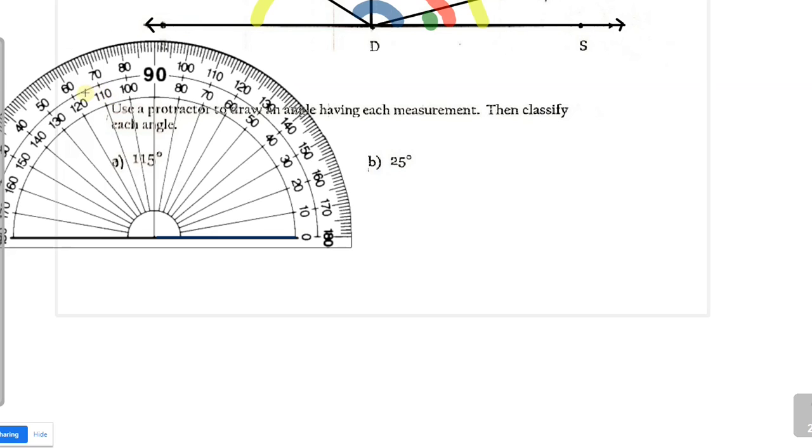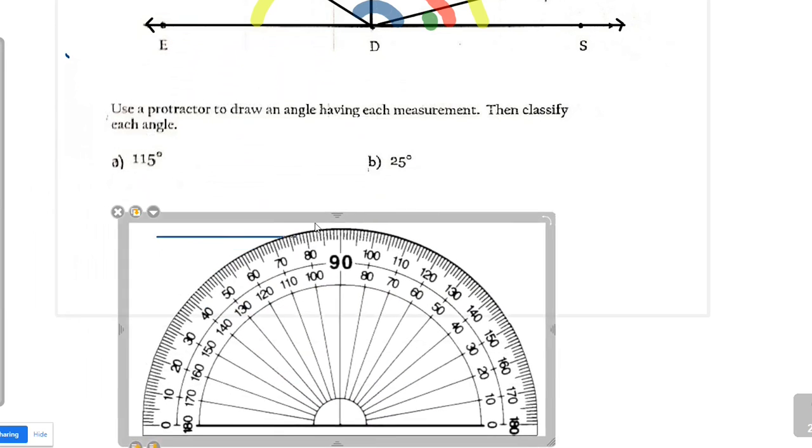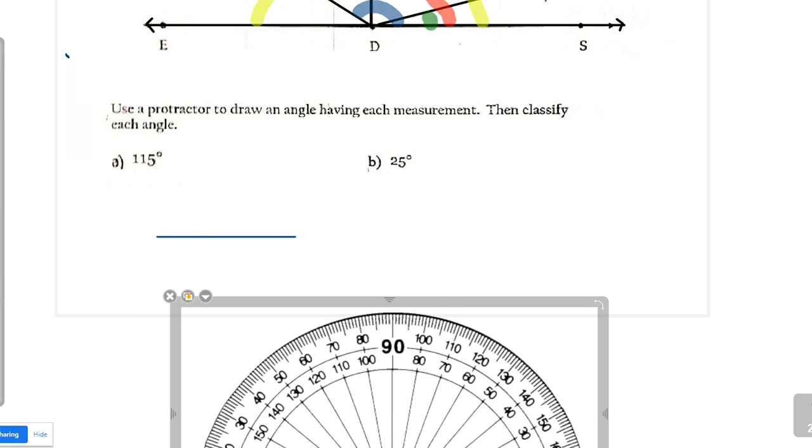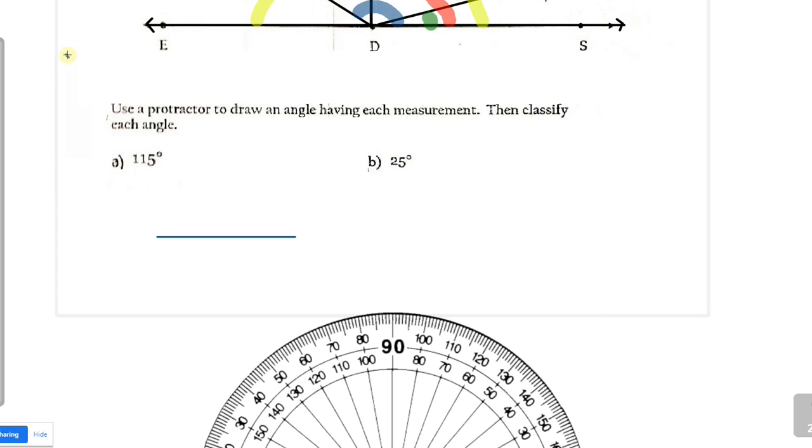So we're going to go 115, right in between, and make a little line. Then you're going to move your protractor out of the way and draw the line. Use a ruler to connect it, which I don't have here, so I'm just going to do the full line and then go back and erase part of it. So here is our angle. That is 115 degrees.